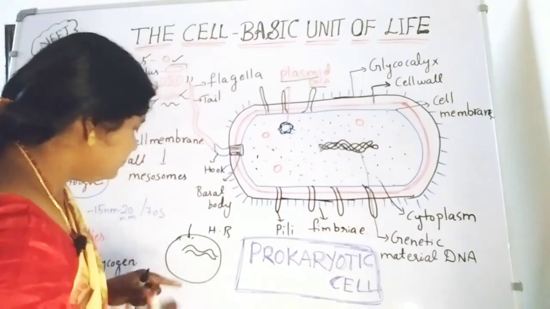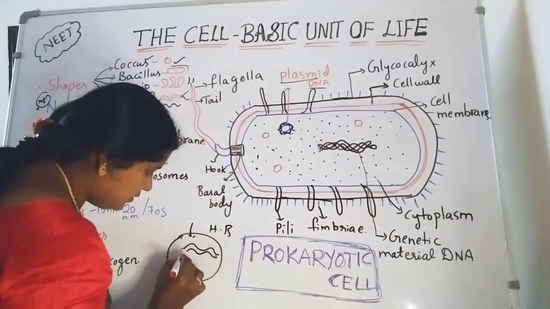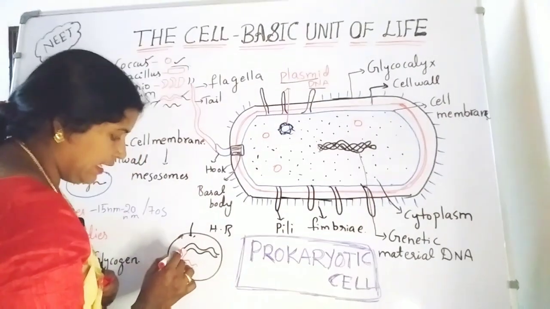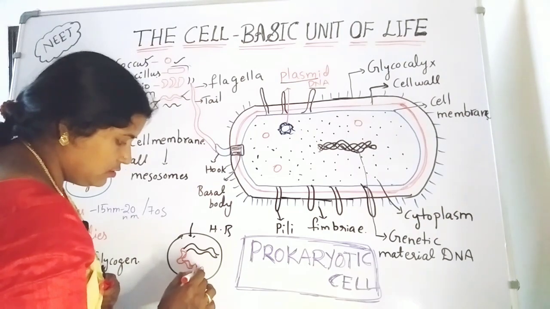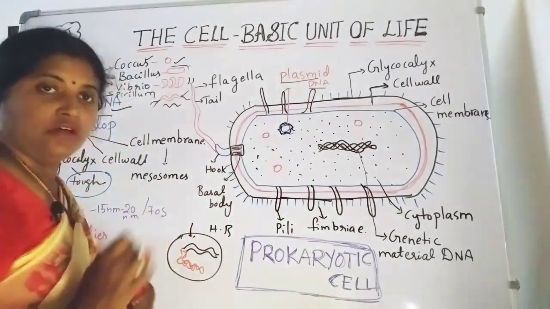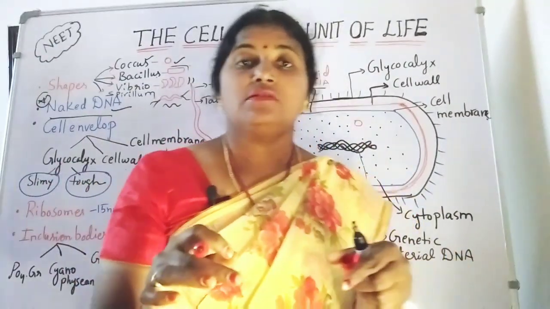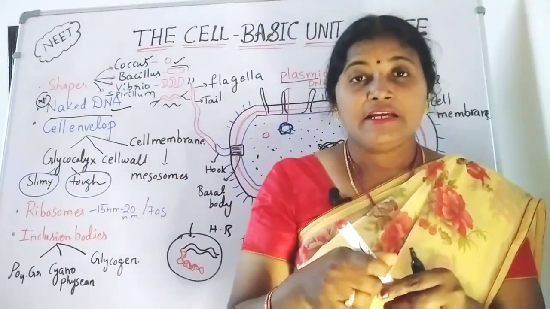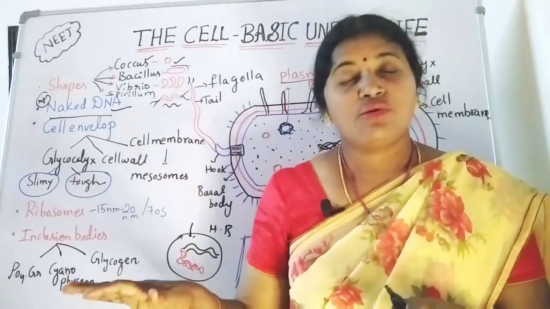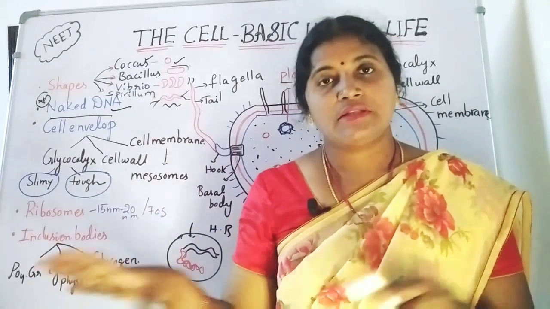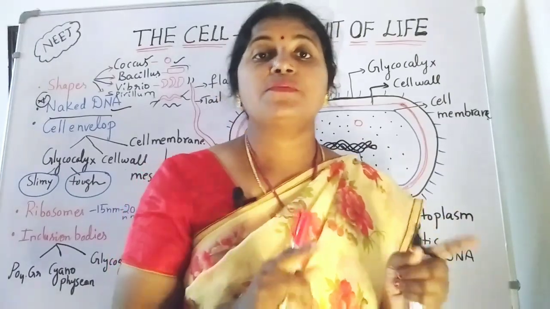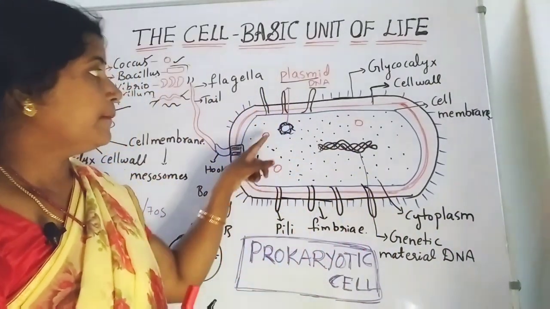When the E. coli bacteria's plasmid DNA enters the human body, it has to combine with our genetic material, completely similar to the host DNA. That transformation of the DNA is possible with the help of the plasmid DNA.